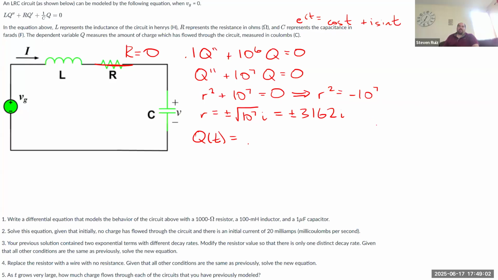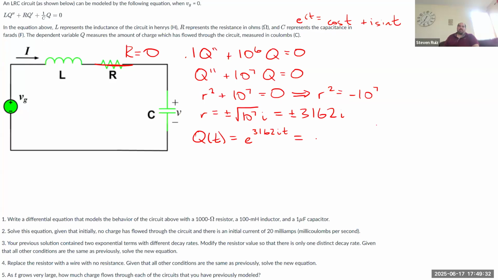So what I have is basically e to the 3162 it. And yes, there's a plus or minus, but in these complex cases, since my roots are conjugates of each other, I can look at one of them and get everything I need to know about the complementary solution. So I'll break this down.